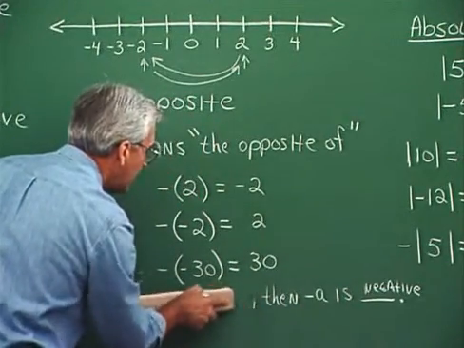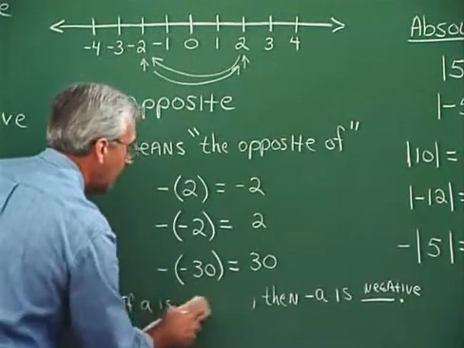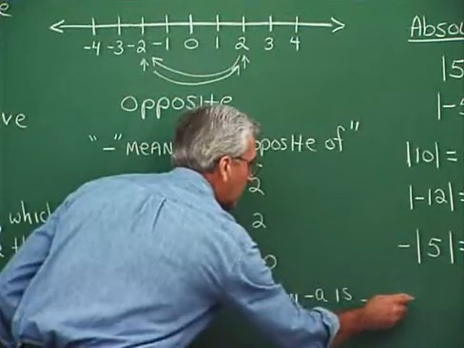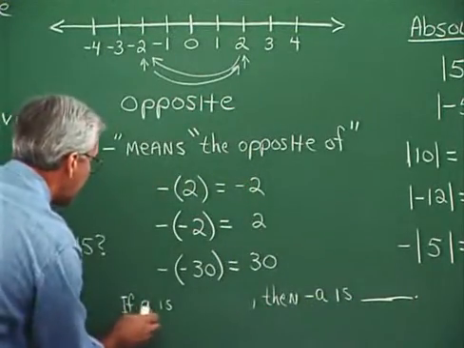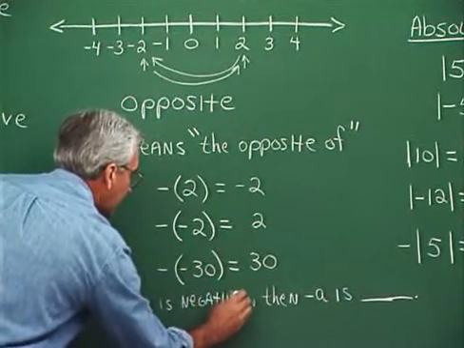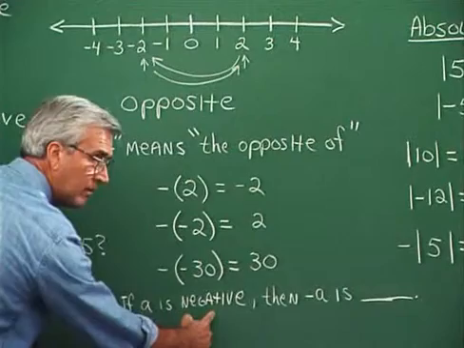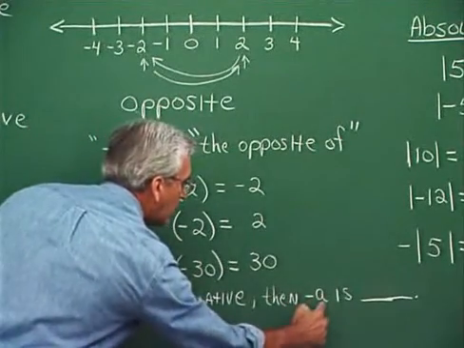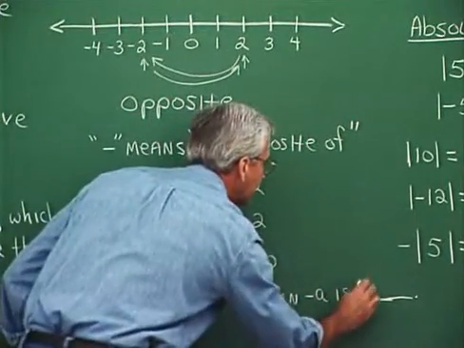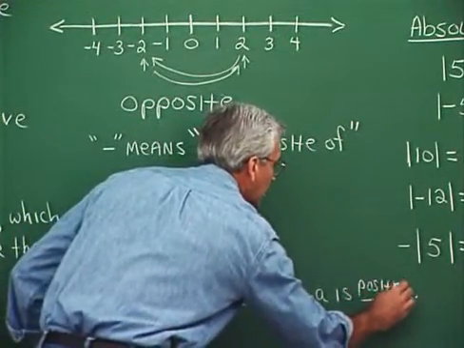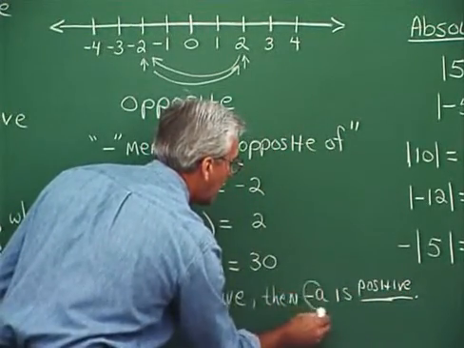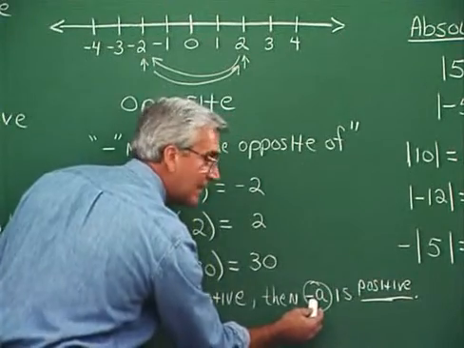What if A is negative? If this number is negative, then that number, which is the opposite of that negative number, would have to be positive. And it looks wrong to represent a positive number like this because of that symbol.